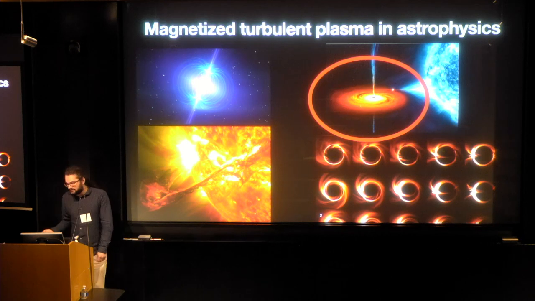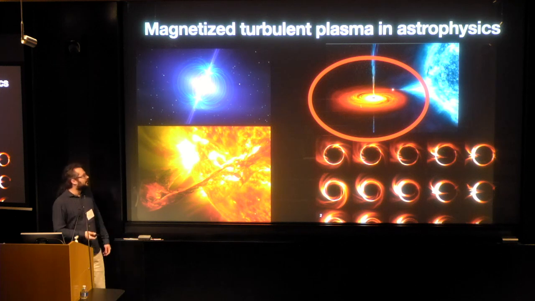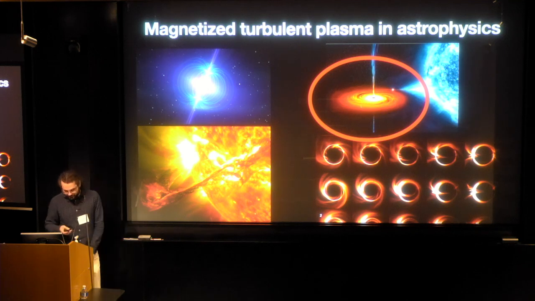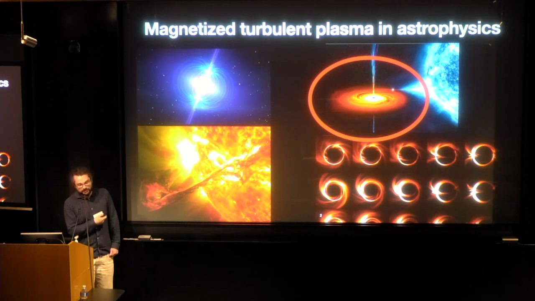And as long as I am mostly interested in black hole X-ray binaries, I'm doing my PhD about observational properties of those. I will tell about magnetized turbulence in this context.